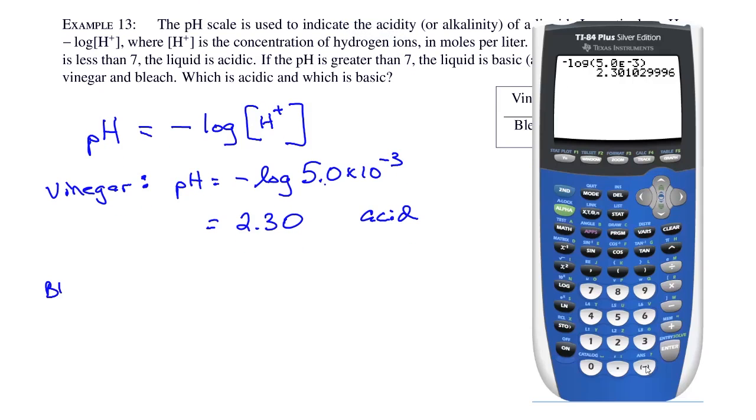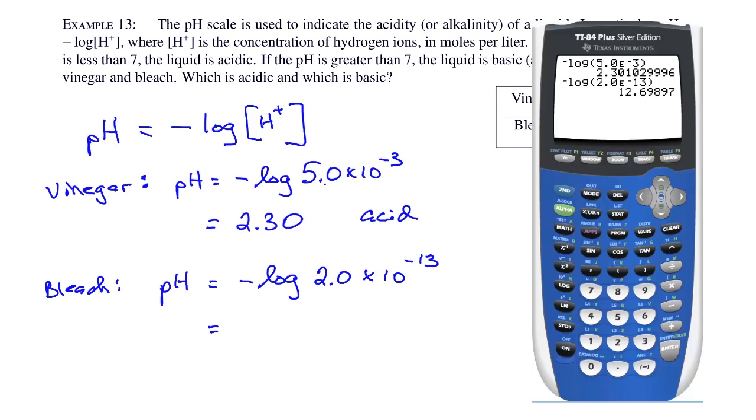And then for bleach, the pH is equal to negative common log of 2.0 times 10 to the negative 13. And if you work that out, you get 12.70. So that means it's basic.